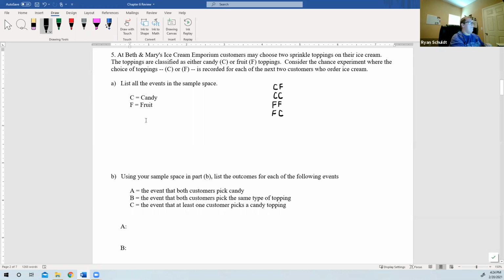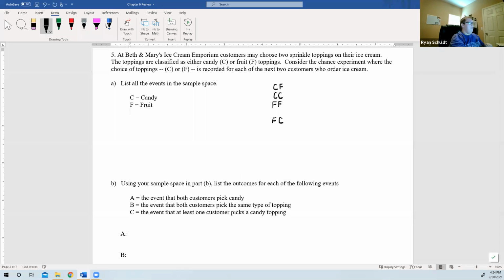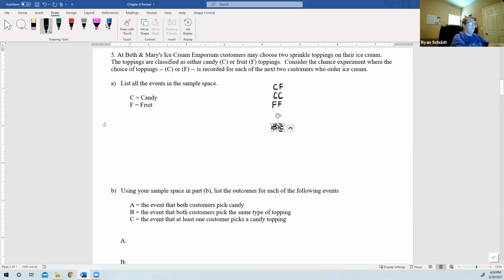Okay, now let's type up our answer in official answer form. Bracket. Remember, sample space, we need to include brackets. So candy, candy first, candy, fruit, fruit, candy, fruit, fruit. So C, C, CF, FC, FF.